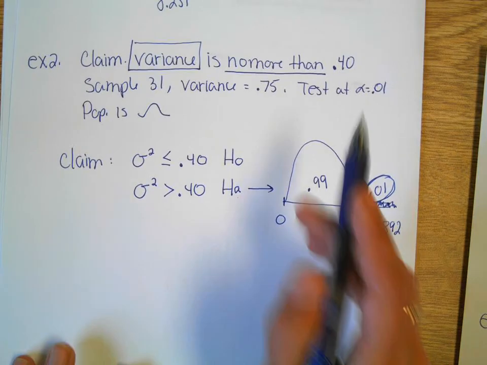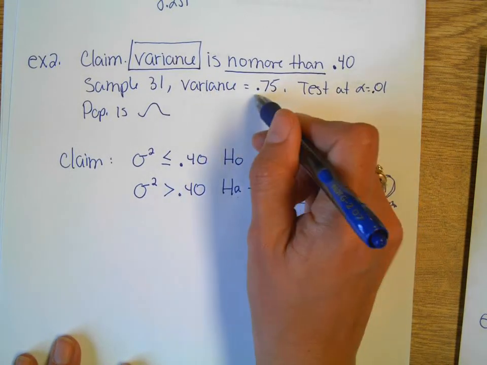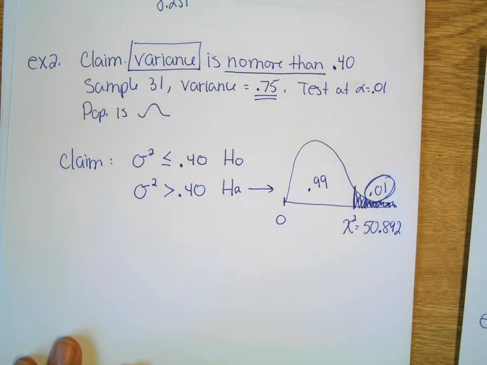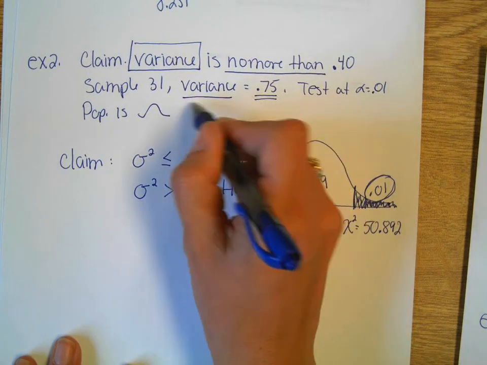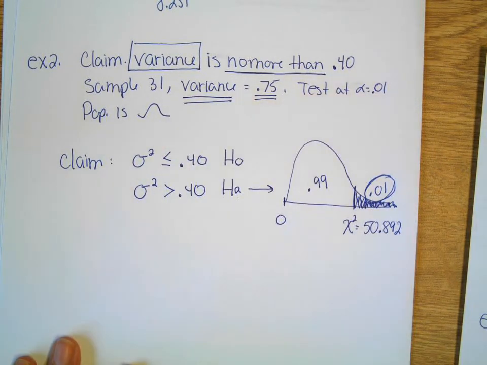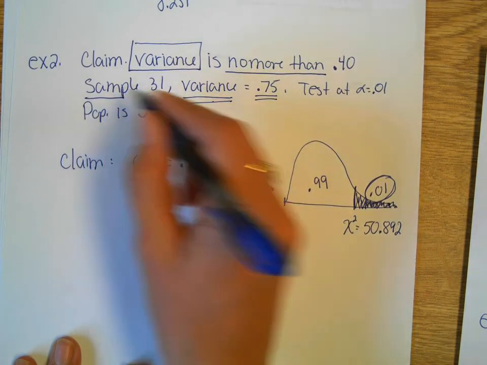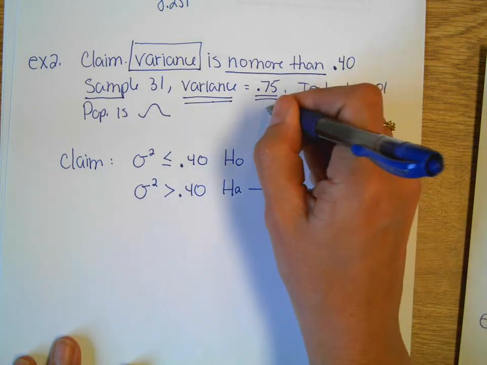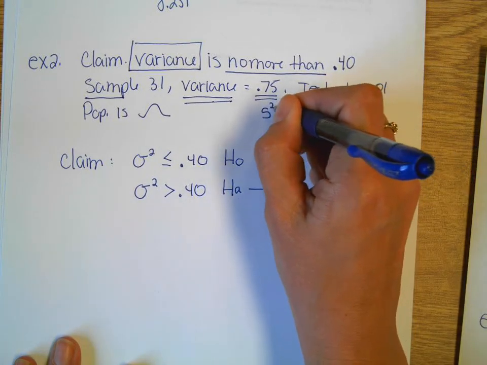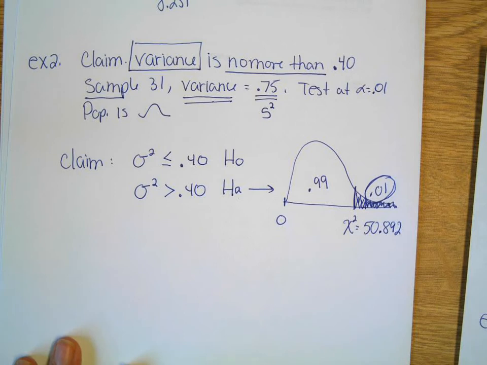So when I give you sample variance, what letter is attached to that? S squared. It's already been S squared.